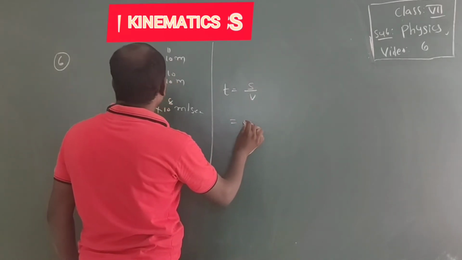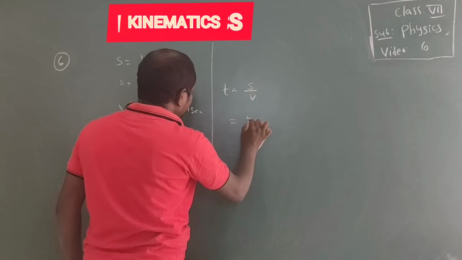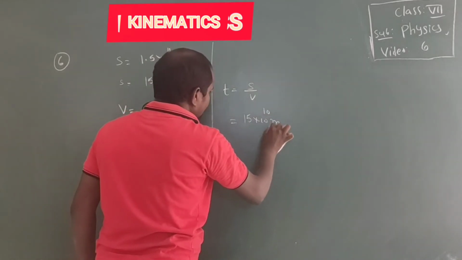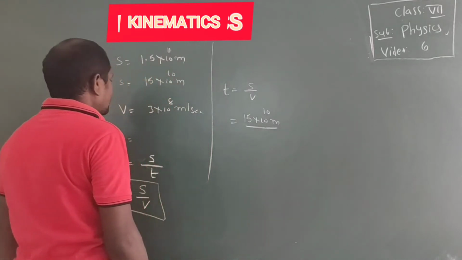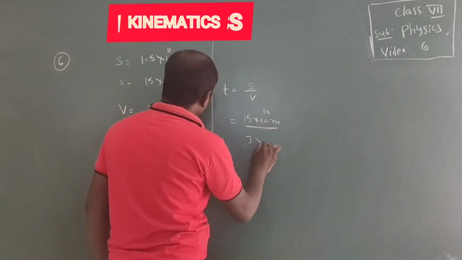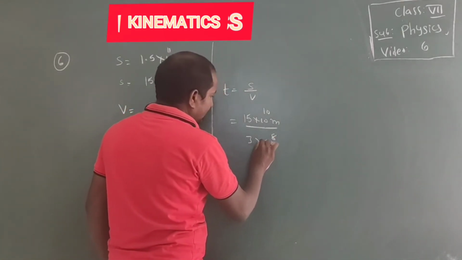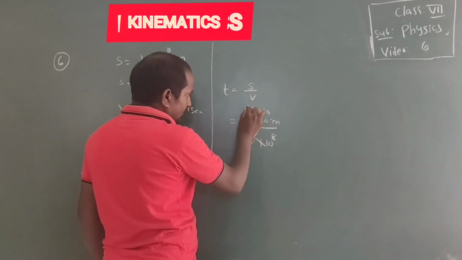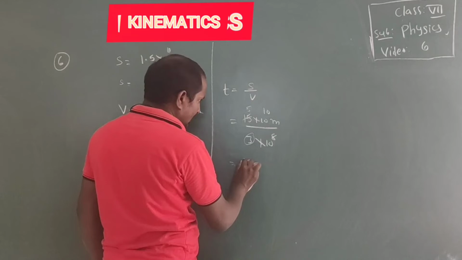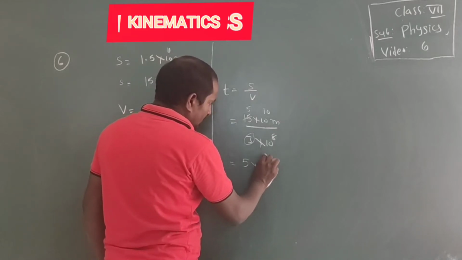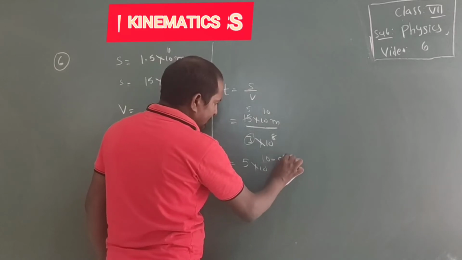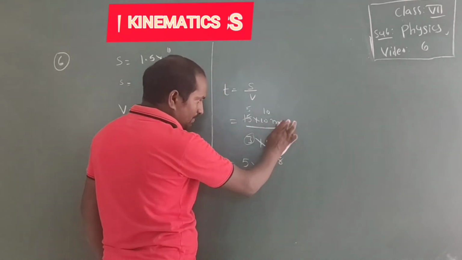So what is S here? S equal to 15 into 10 power 10 meters by V. V equal to here 3 into 10 power 8. 3 ones here, 3 5s, you can write here 5 into 10 power 10 minus 8. 10 power 8 coming to minus 1.